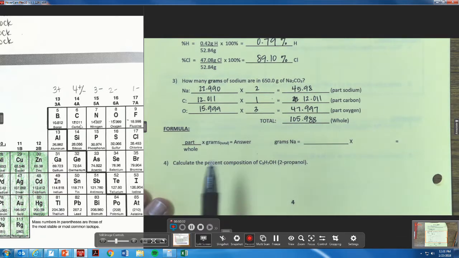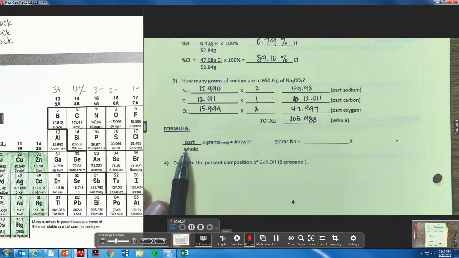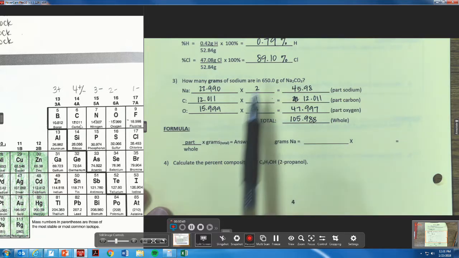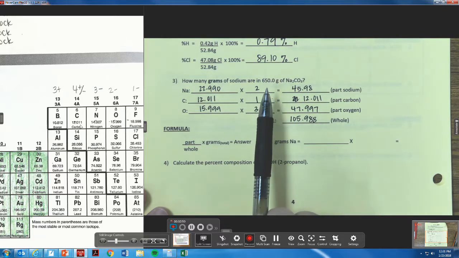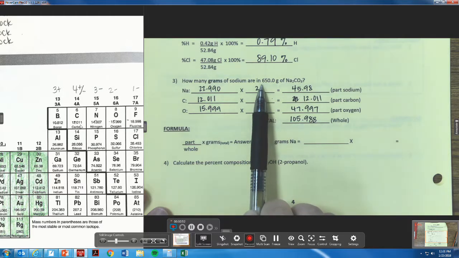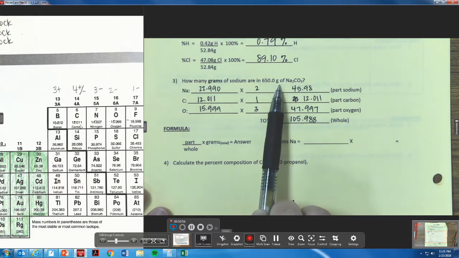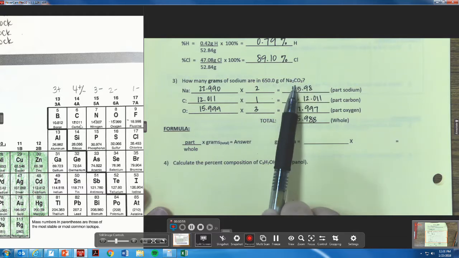We're actually going to use a different formula this time. Since we're not looking for percent composition, we're not going to multiply by 100. We're going to multiply by how many grams our problem gave us, in this case 650 grams of sodium carbonate.